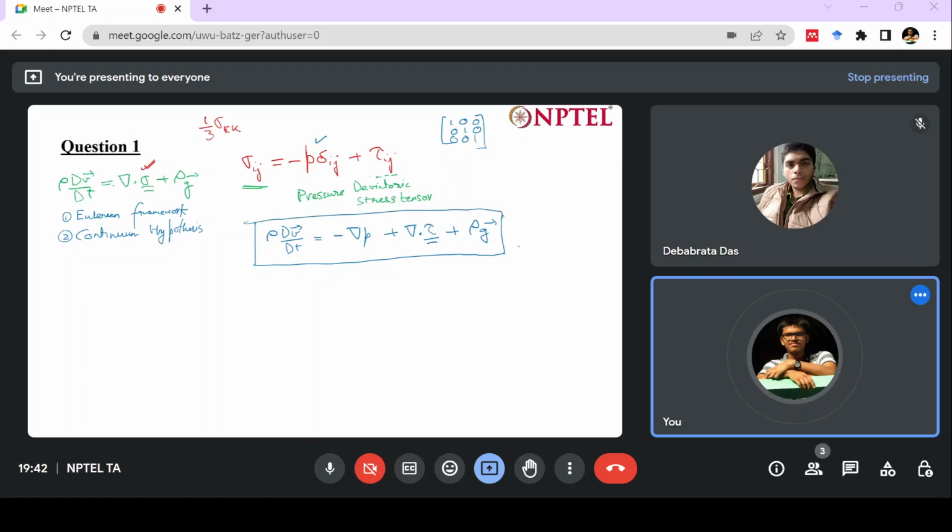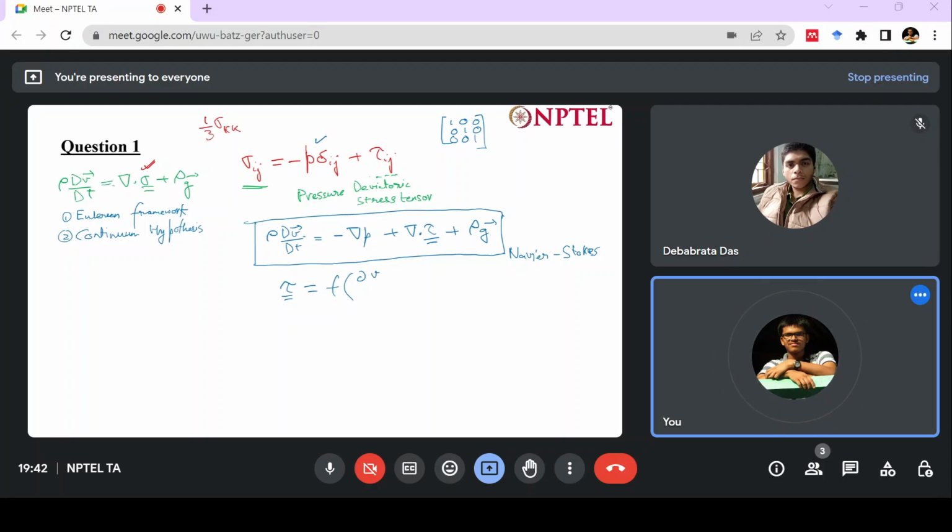This equation is my Navier-Stokes equation, but actually not really. It's an incomplete form, provided that we substitute the tau value as well. So this tau, as we have already done, is a function of my velocity gradient.